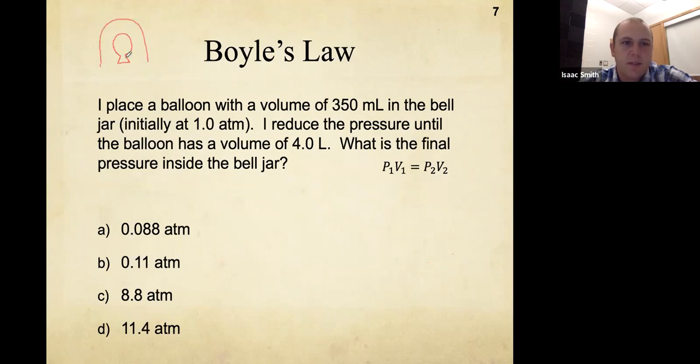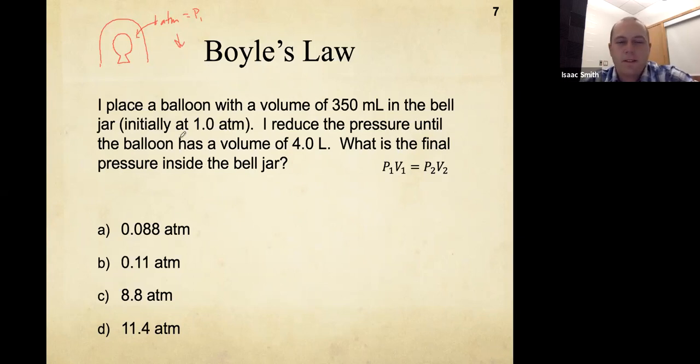Initially, this pressure is 1 atmosphere. And you reduce the pressure until the balloon has a volume of 4 liters.